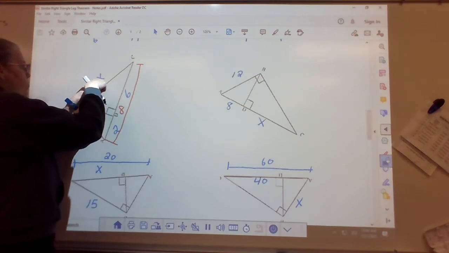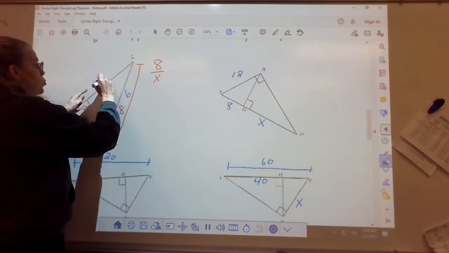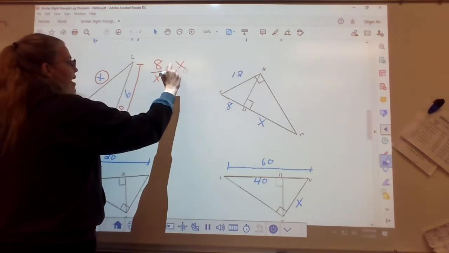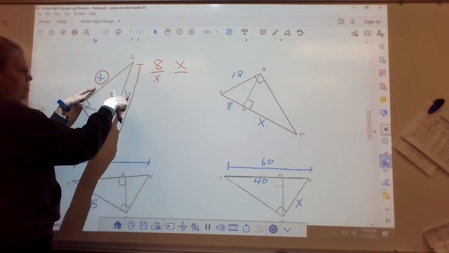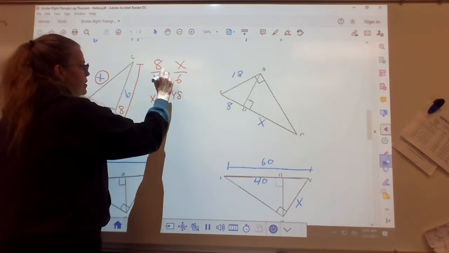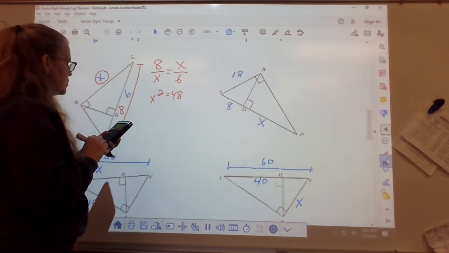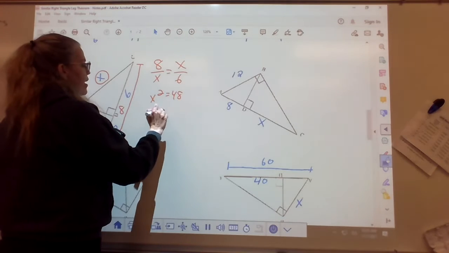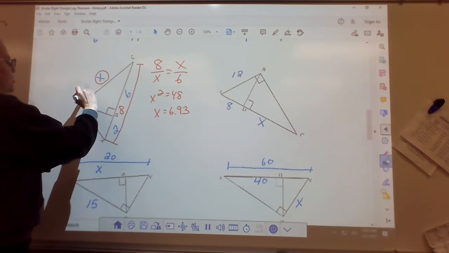So 8 over x, reuse the x over, make sure you stay on this side because I'm working off of this triangle, 6. X squared equals 48. When you do your cross multiplication, take the square root of 48, 6.93. So x equals 6.93. That's my answer for this one here.